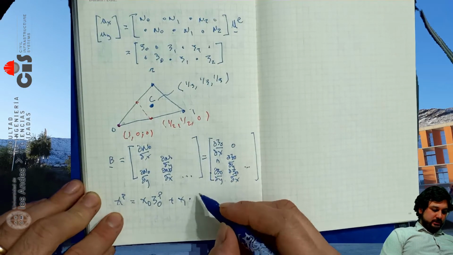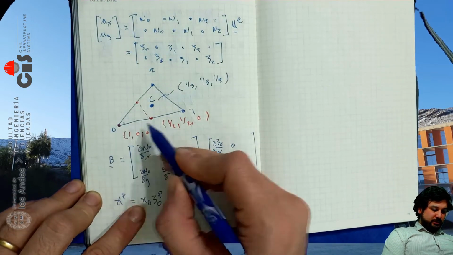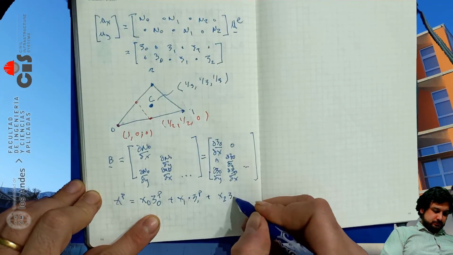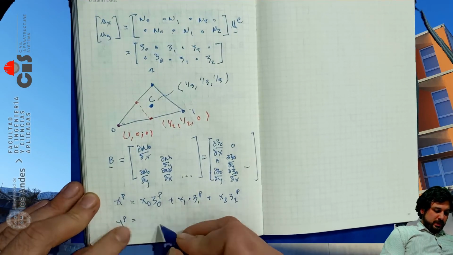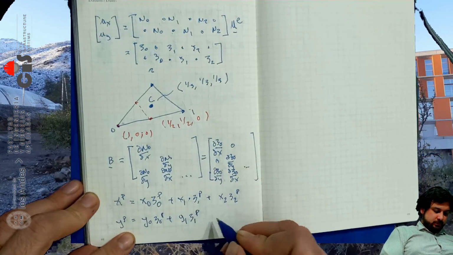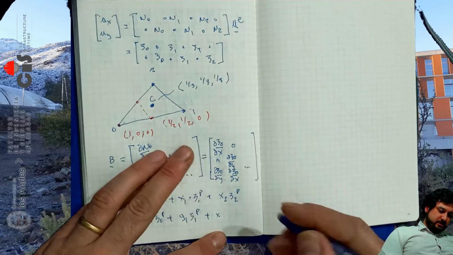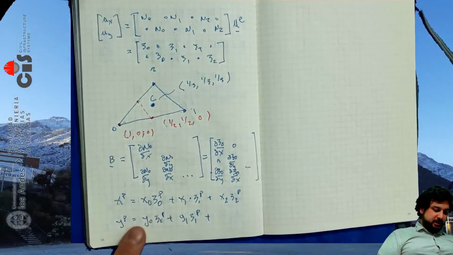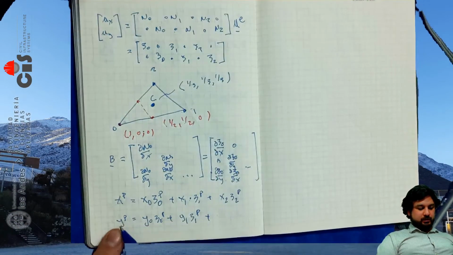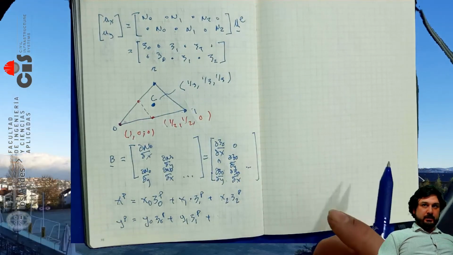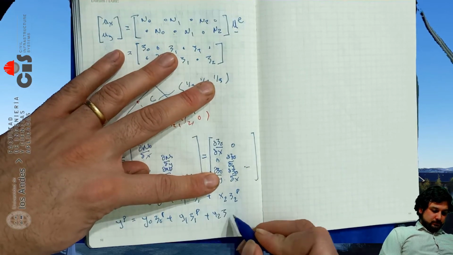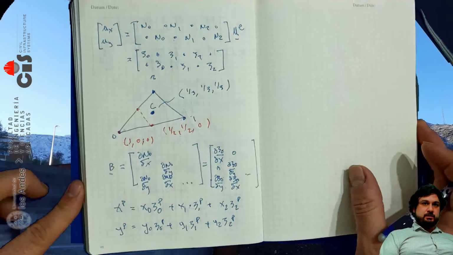So these are the nodal coordinates, right? So the x coordinates of points 0, 1, and 2, and the same for the y component. I'm just saying, by the superscript p, that this is one specific point frozen in the triangular coordinates. I want to get the xy coordinates of that point given the triangular coordinates and the nodal coordinates. Okay, so that's how that looks.